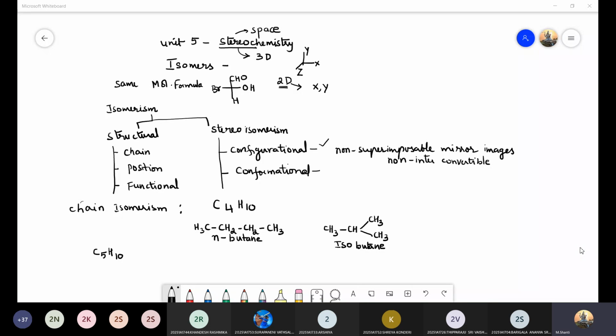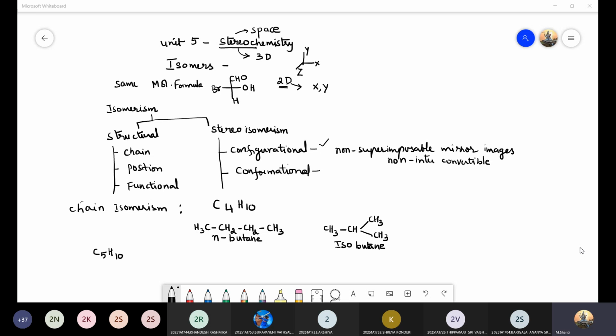One possible arrangement would be all the carbons in the straight chain. The second possibility is branches. Furthermore, branching will result in the third chain isomer.